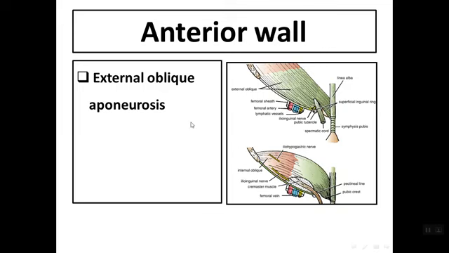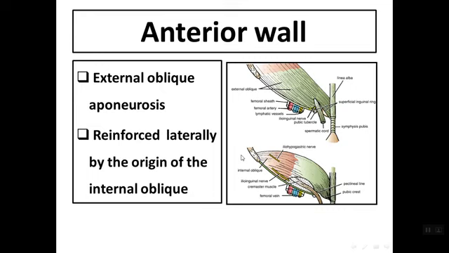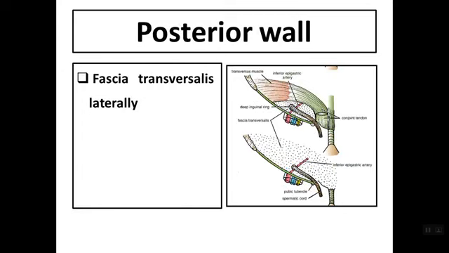If we remove the external oblique, this anterior wall is reinforced by the origin of the internal oblique. So the anterior wall is formed by the external oblique aponeurosis, and it is reinforced laterally by the origin of the internal oblique.